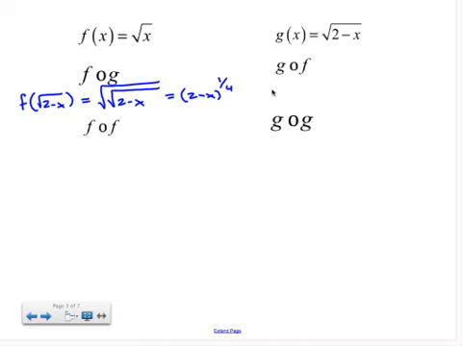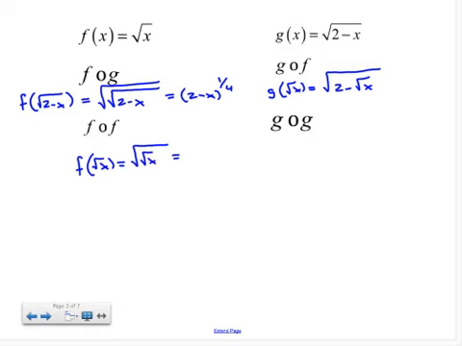g of f of x would be g of the square root of x, which means let's take our function g, and everywhere there's an x, we replace it with a square root of x. So here you have the square root of 2 minus the square root of x. You can even compose functions with themselves. So in this case, we would do f of f, which is f of the square root of x, which means take my function f, and everywhere there's an x, replace it with a square root of x.